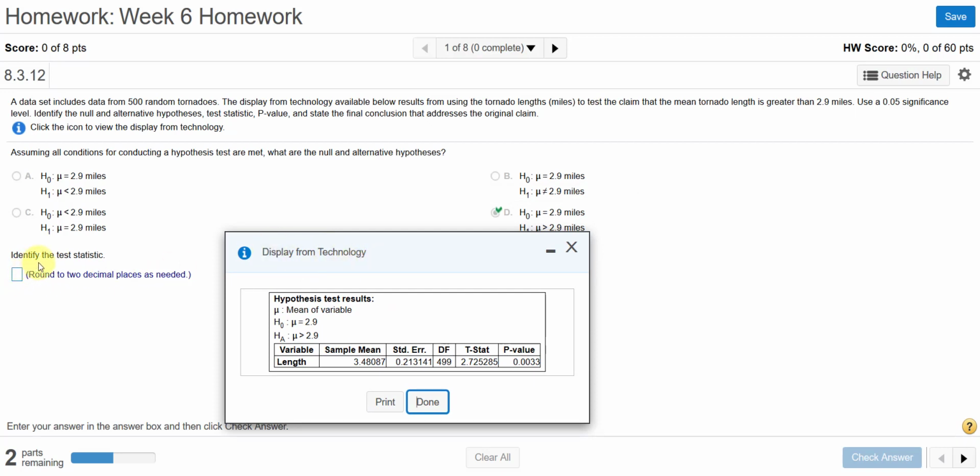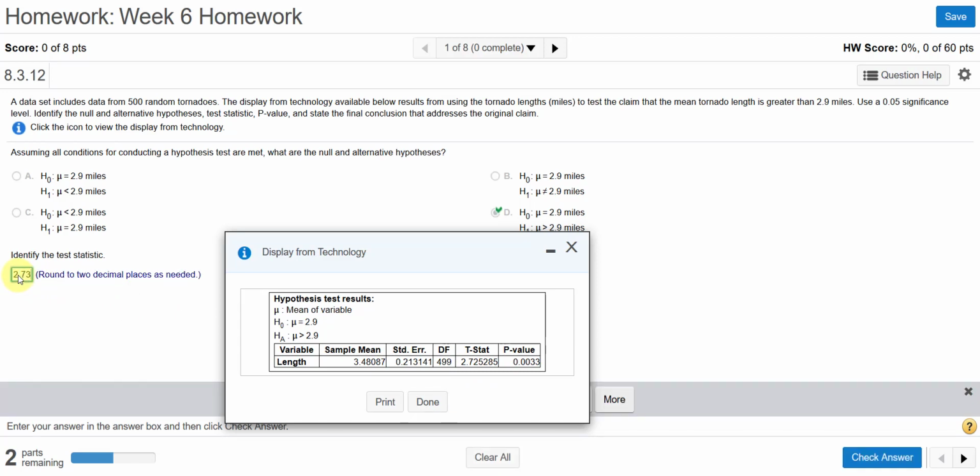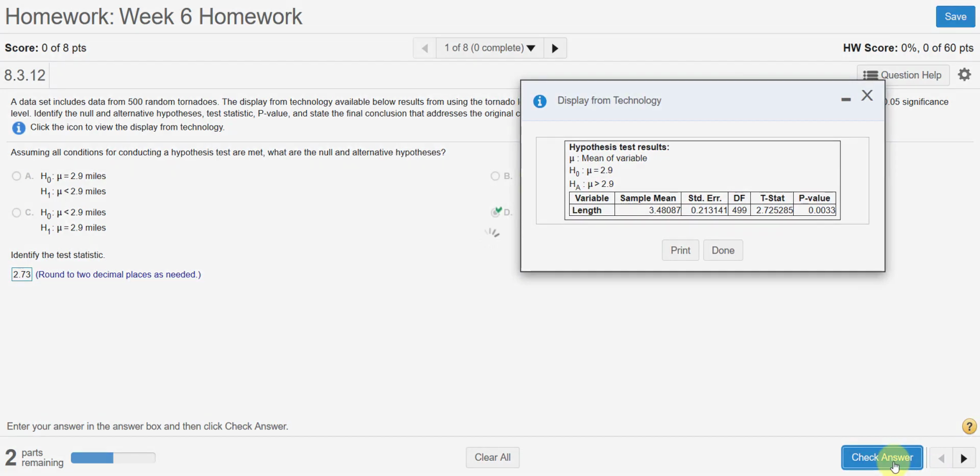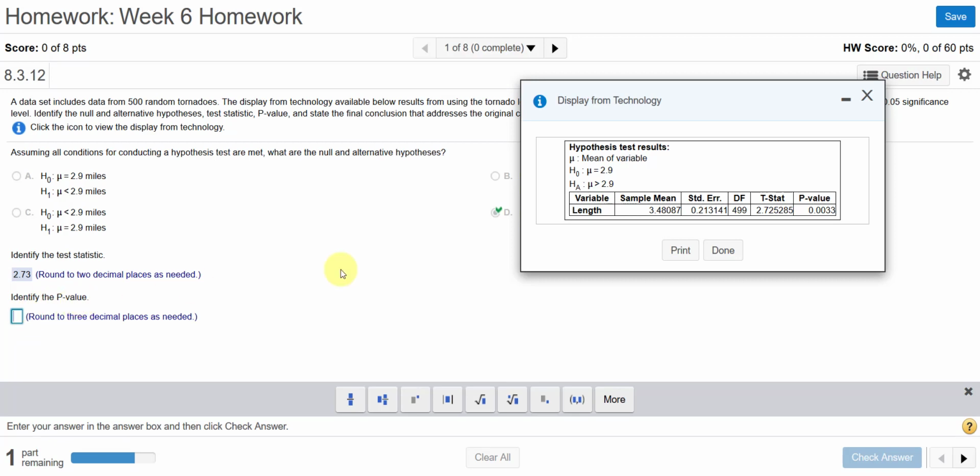So identify the test statistic, and the test statistic is right here, which is 2.73 if you round it to 2 decimal places. And then check the answer. And then the p-value is also given right here, which is 0.0033.